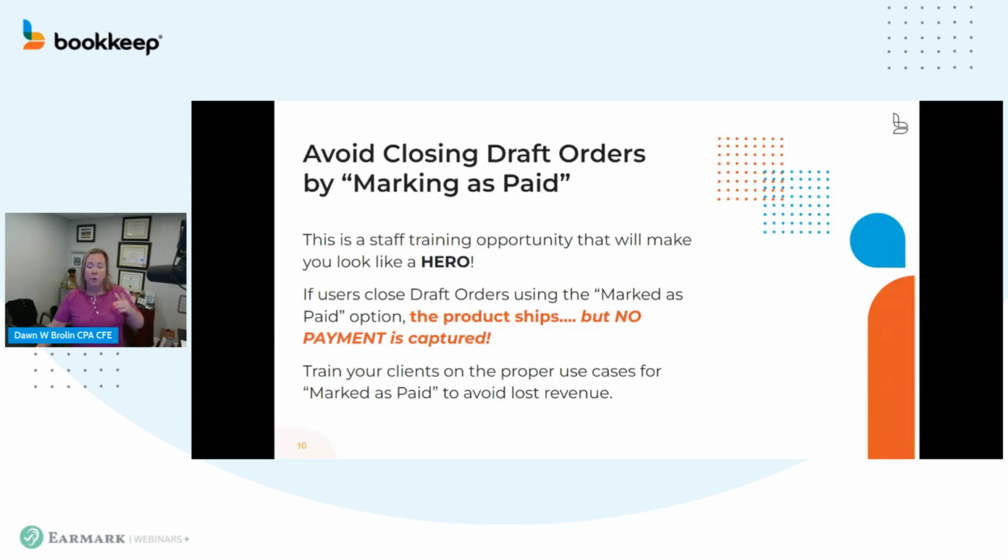And here's another little tip too, and this is, again, a great training opportunity for your staff. Set up a tender type for those payments, like paid by check or paid by wire transfer. I do those payment methods right within a register, like when I used to do batch entry. I don't have to do that anymore. But back then, if it was a wire payment, instead of a check number I would put wire.